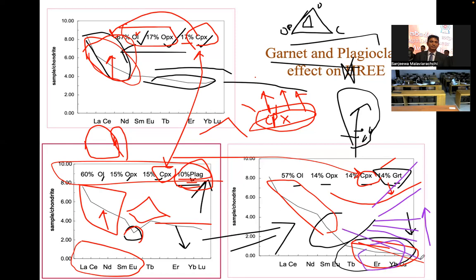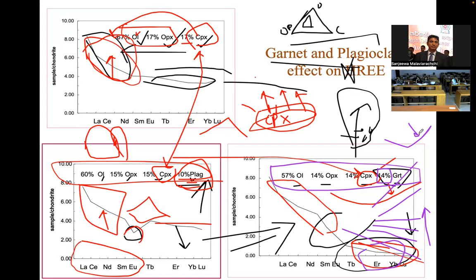So you have to keep that in mind, because this modal amount is also important, not just whether the garnet was present or not. Okay, so if you have a large amount of garnet fractionated into your melt, then your melt will even show you this type of a positive pattern, because it contains a lot of heavy rare elements.